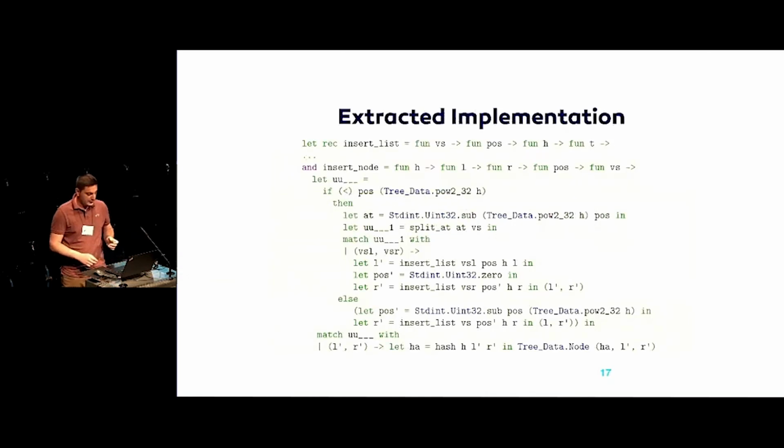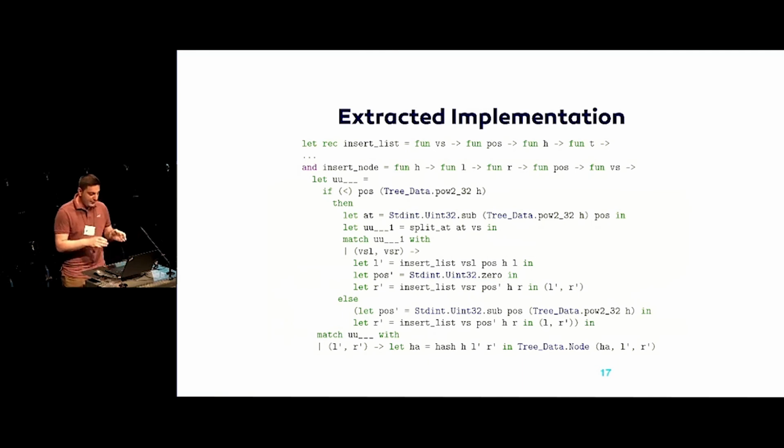So we were able to extract the code. We don't have to look at it too much, but the important points are that it's quite readable, especially after applying some OCaml format, which helps a lot. And also, it's quite performant, enough at least to be a very useful reference implementation.